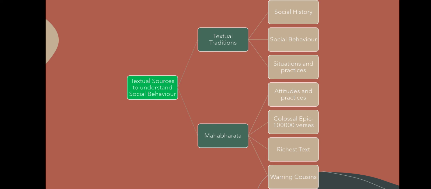With the help of the text, with the help of the writings, we could understand the different traditions prevalent in the society. And it would tell us the social history, the social behavior, and the situations and practices.